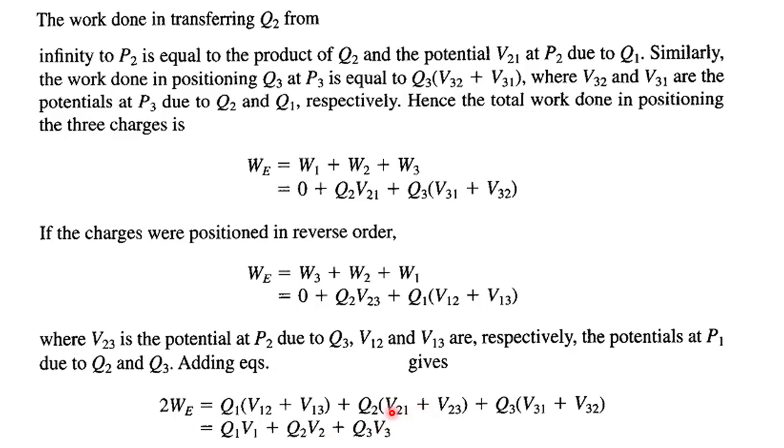So we can write this combination as V2. Similarly, this combination V31 plus V32 can be written as V3 because this is the potential at P3 due to the other charges. Clear? So twice the total work done can be written as Q1 V1 plus Q2 V2 plus Q3 V3. So 3 point charges are there. Therefore, we got this answer as Q1 V1 plus Q2 V2 plus Q3 V3.